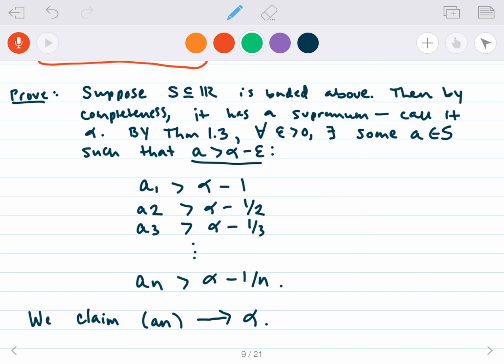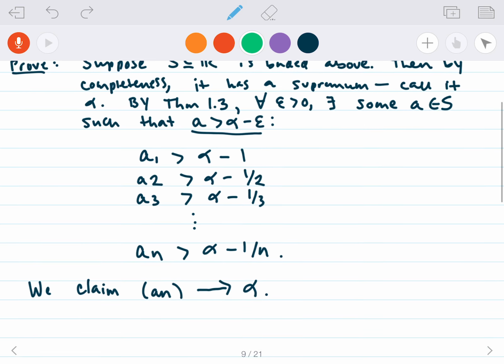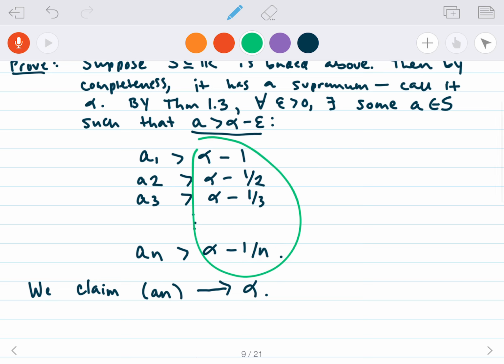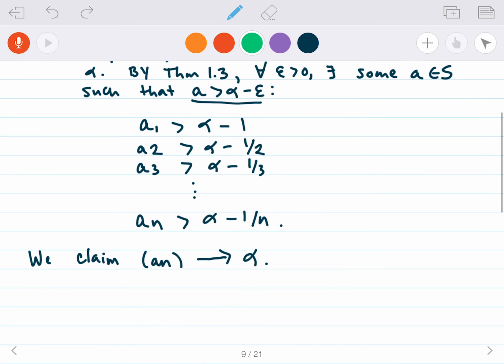Okay, and so one thing to note is that a sub n is not equal to alpha minus 1 over n. It's just saying that a sub n is greater than alpha minus 1 over n. It's not our actual sequence. But we can name this sequence right over here something. Let's call it Cn.